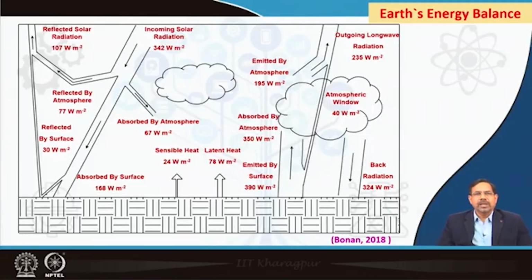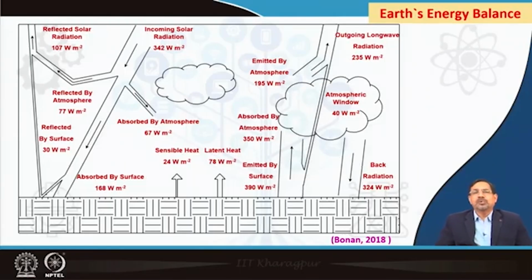But when the earth surface absorbs 168, what happens? Various processes are there. In terms of sensible heat and latent heat, the earth surface loses about 24 watts per meter square and 78 watts per meter square respectively, in terms of the radiation from the earth surface.